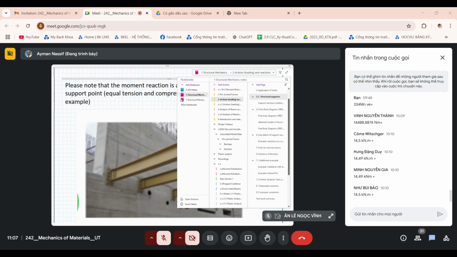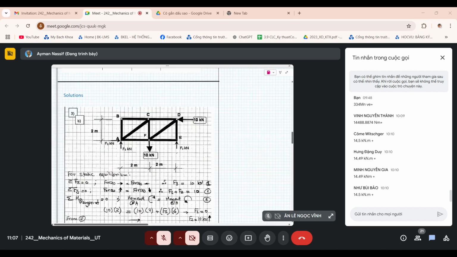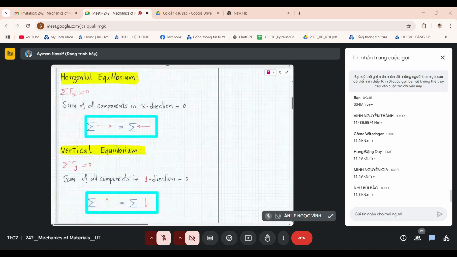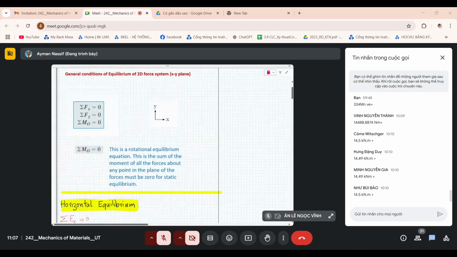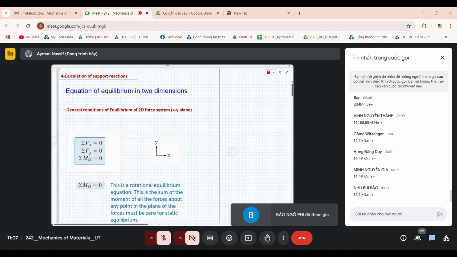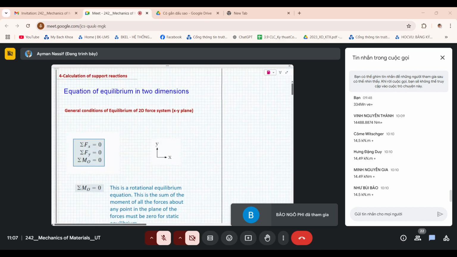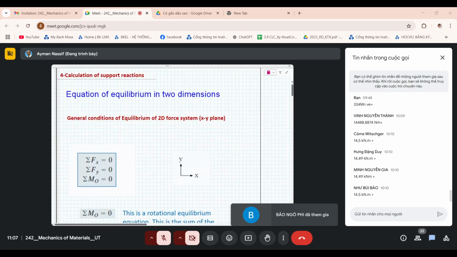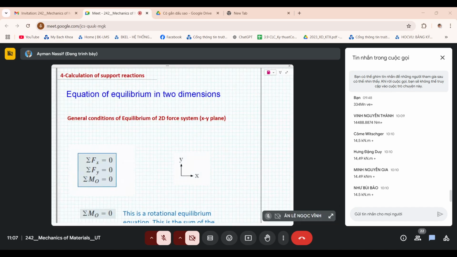So now we are going to think about how to calculate support reactions. And I think the idea is very simple, really. And I will give you more examples to be able to confidently calculate reactions.